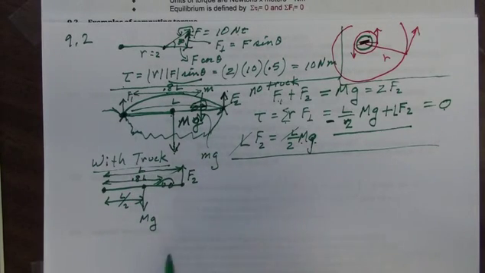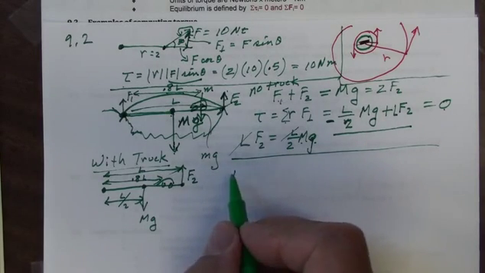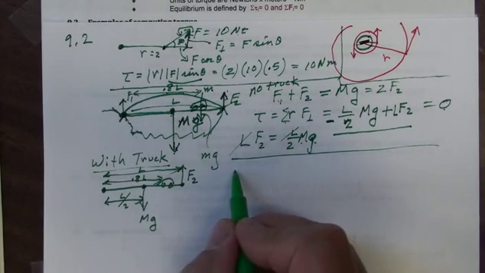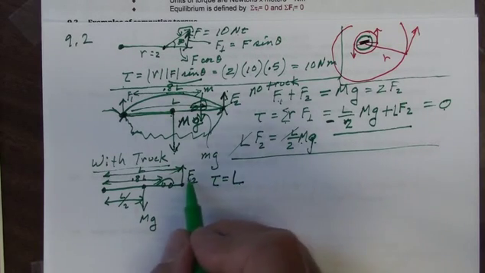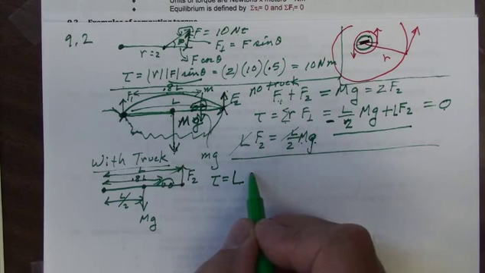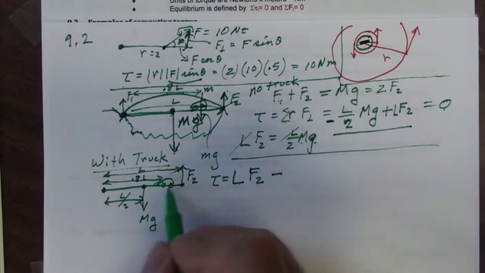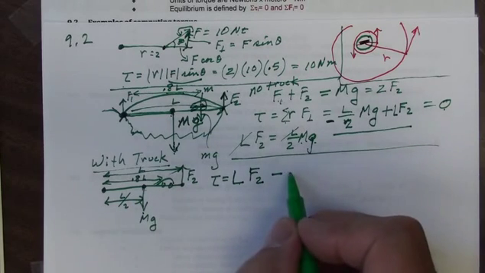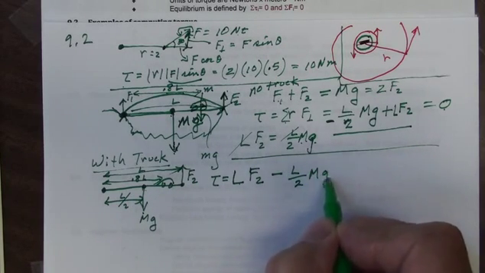So now what are the sum of our torques? And remember, we're going to take up as positive. So we'd have the radius over, which is L. Torque total is going to be L, distance over, times F2, minus our bridge pushing downward, the distance L over 2 times Mg.